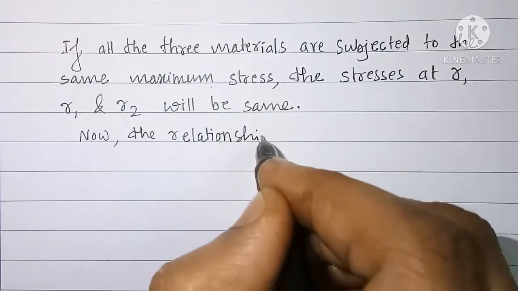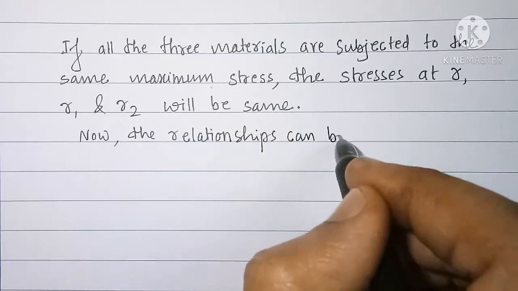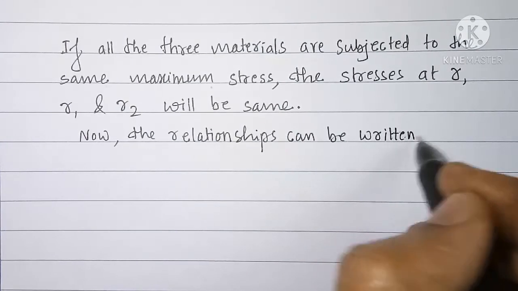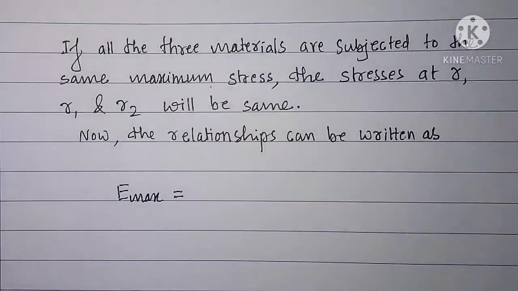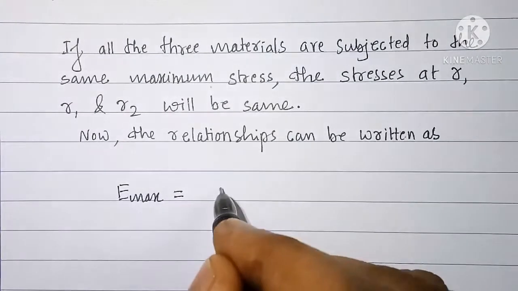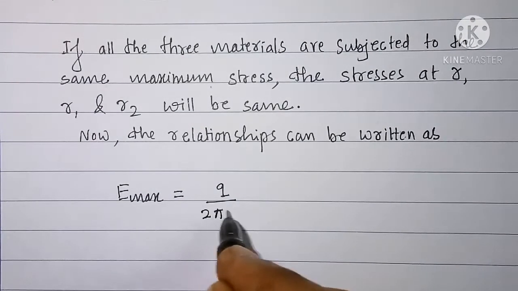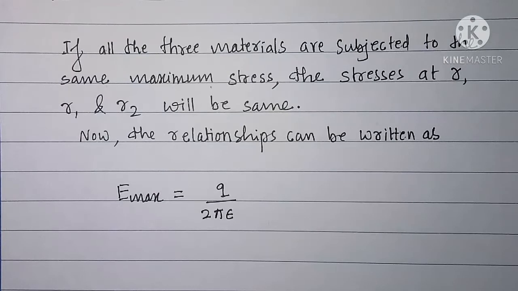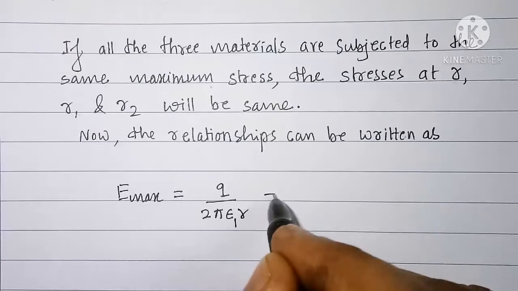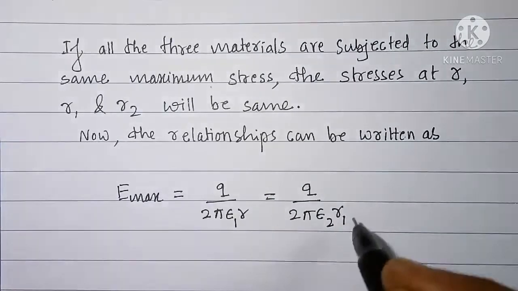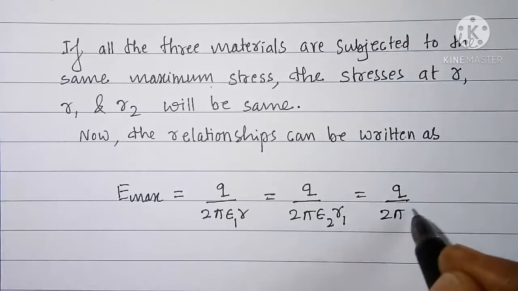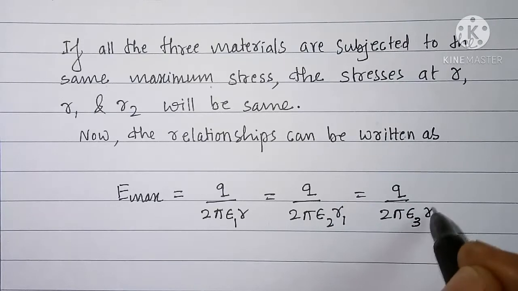The relationships can be written as Emax equal to Q upon 2 pi epsilon 1 r, that is equal to Q upon 2 pi epsilon 2 r1, that is equal to Q upon 2 pi epsilon 3 r2.